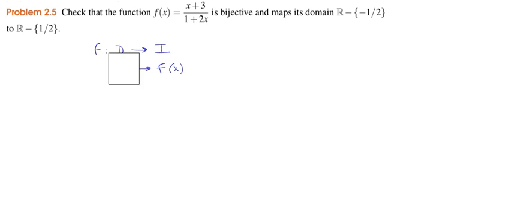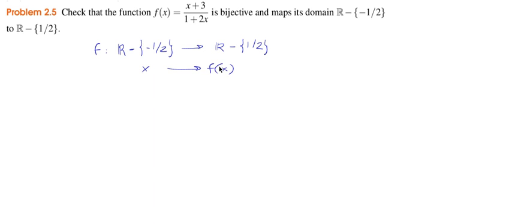In this case, if we think of this function as mapping the reals minus this point to this other set, we have to find that indeed every point in this set is mapped to by some point here, and only one.